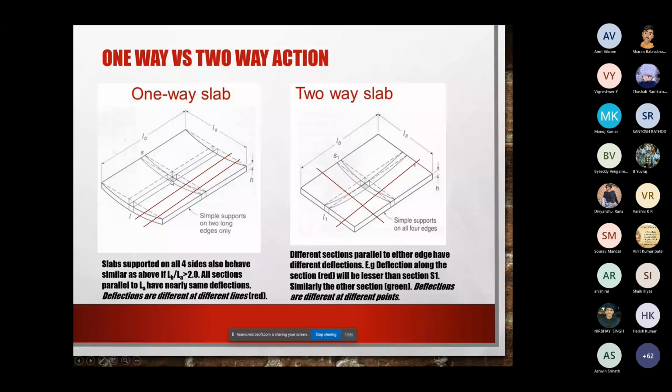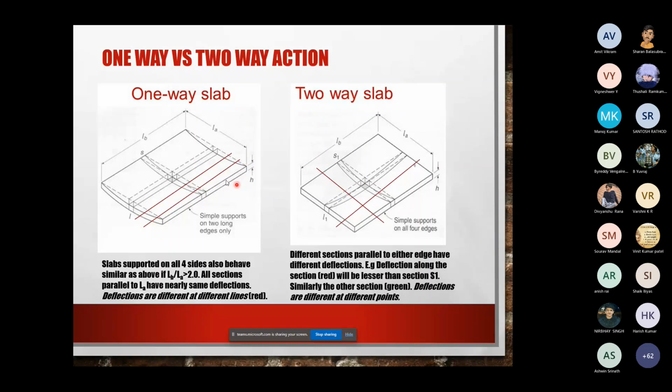If you look at this picture which is shown over here, two things that you can notice: if you take any section, if you take a section over here, it is curved. Take a section over here, it will be curved. Take a section here, it will also be curved. If you come in the other direction, from this end to this end, you take a section here, this is a straight line.